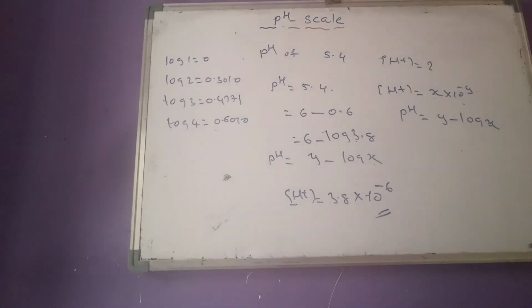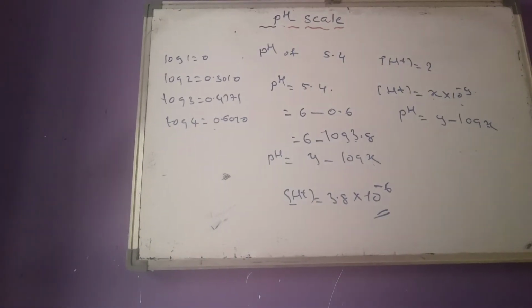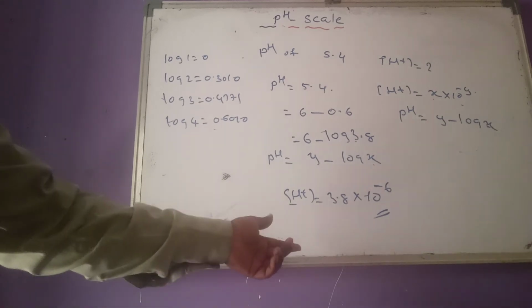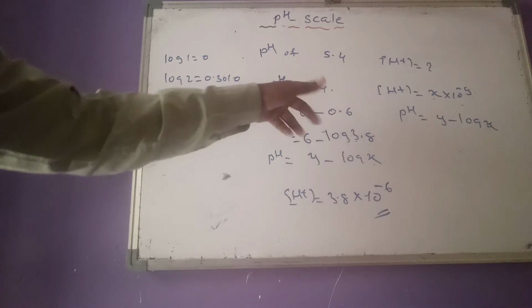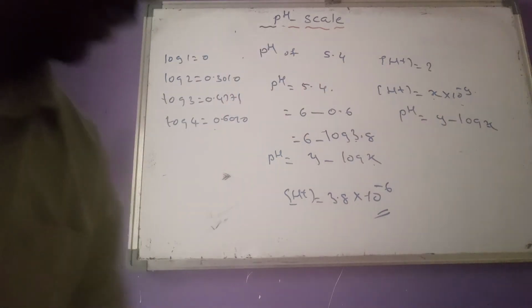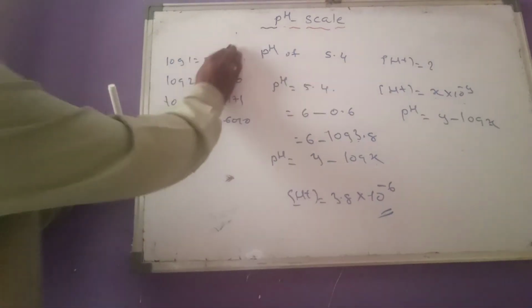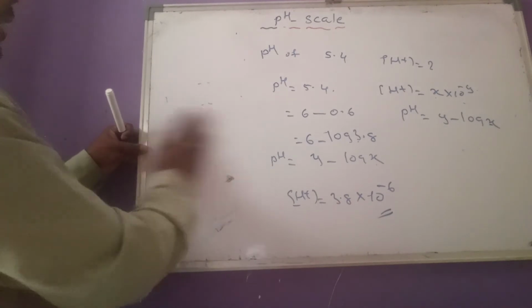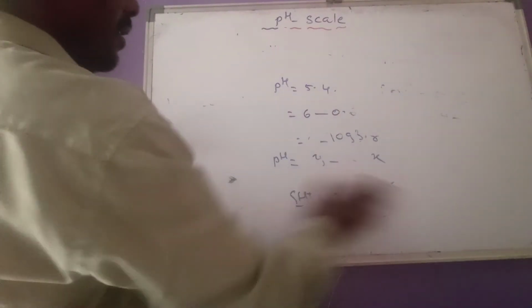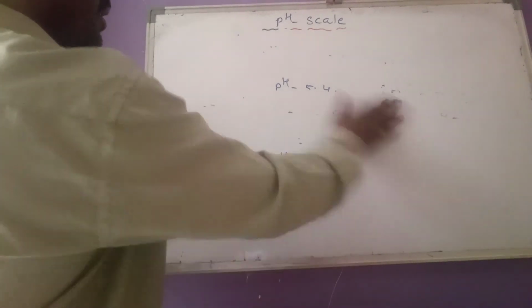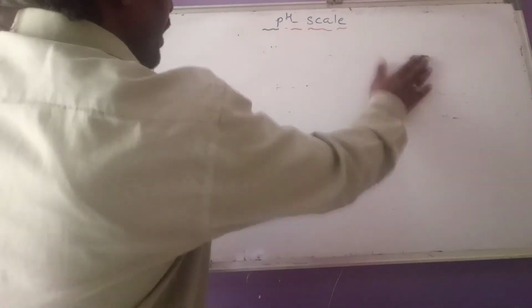So that's it. This is the H plus ion concentration. Like that we have to calculate H plus concentration using pH when they have given values like 5.4. This is regarding calculation of pH for weak electrolytes and calculation of H plus concentration using a given pH value.